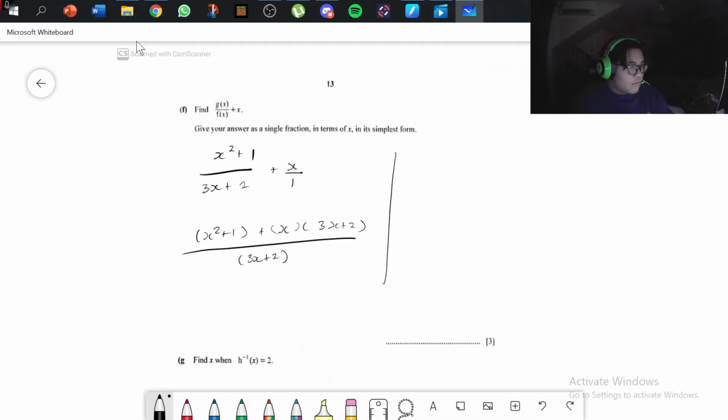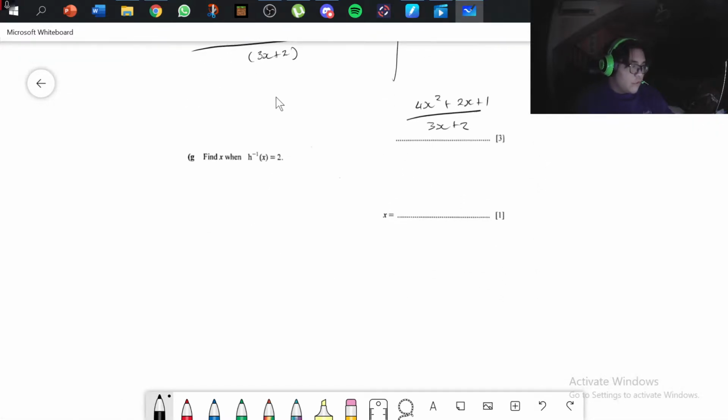You open the bracket, multiply it out, and all of that, and you should get 4x squared plus 2x plus 1 over 3x plus 2.